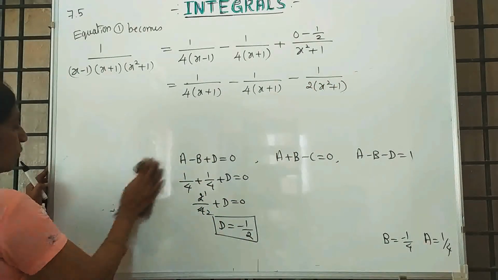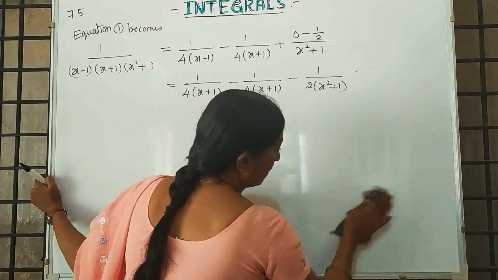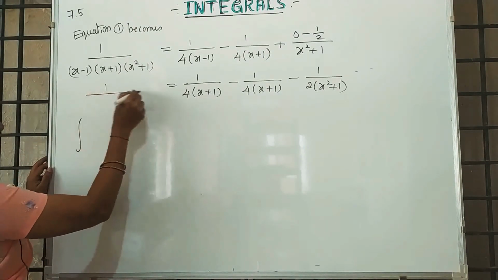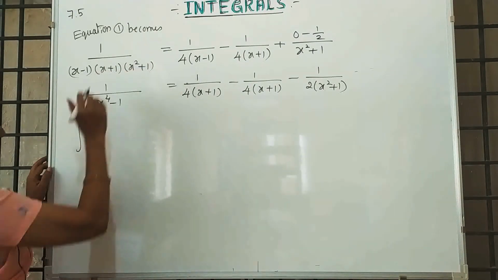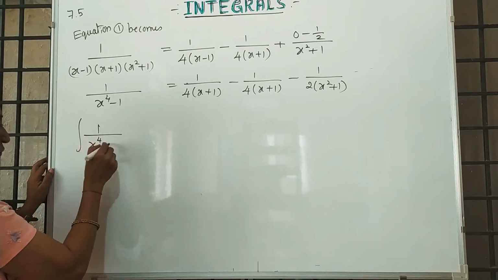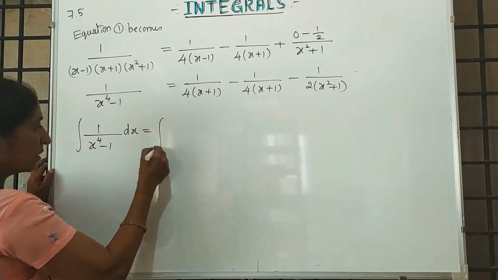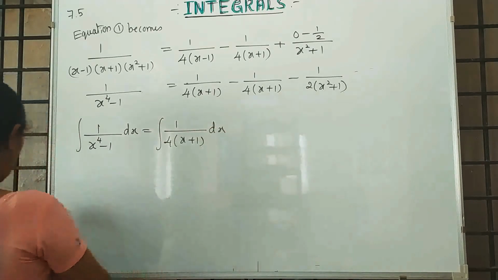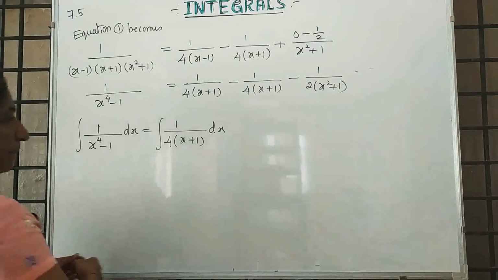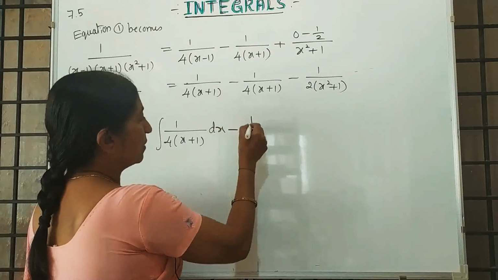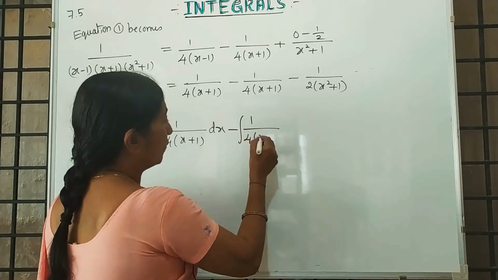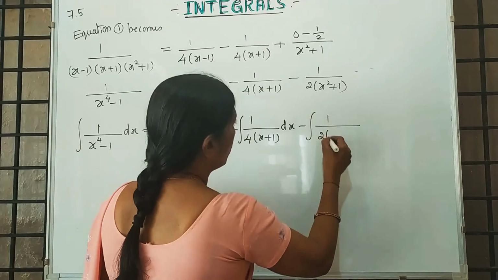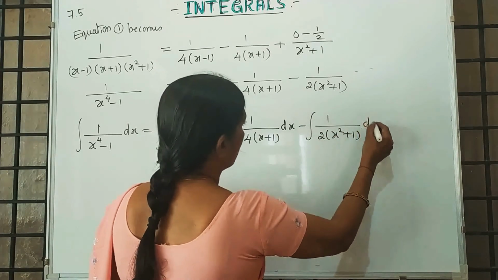Now integrate both the sides with respect to x. Left side I am writing as 1 upon x raised to 4 minus 1. I multiplied this. Integral of 1 upon x raised to 4 minus 1 into dx is equal to integral of 1 upon 4 into x minus 1 into dx minus integration of 1 by 4 into x plus 1 into dx minus 1 by 2 into x square plus 1 into dx.